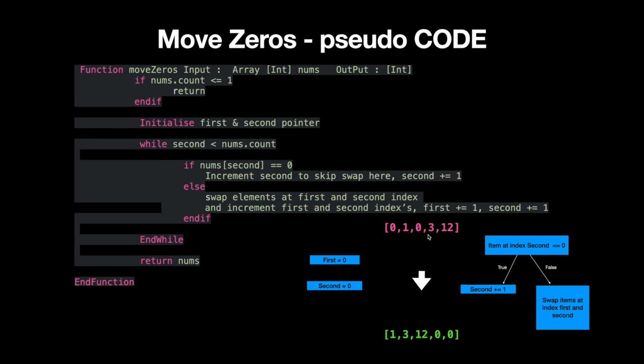Similarly it will move again, second will become 4, and first will go to this element, which will again be 0, and then we'll swap again. So 1, 3 and 12 will come here, and the 0s will move to the end by swapping the first and second pointer elements.